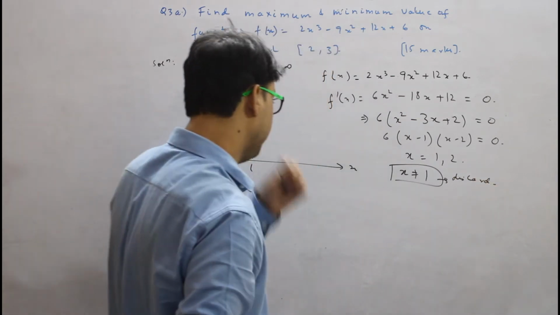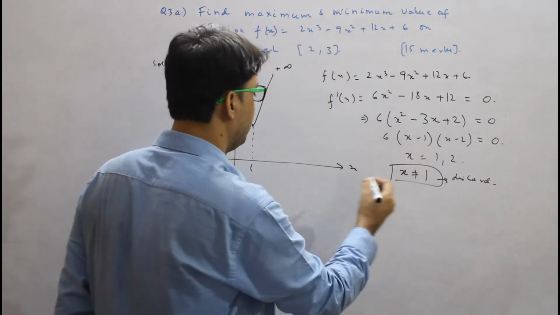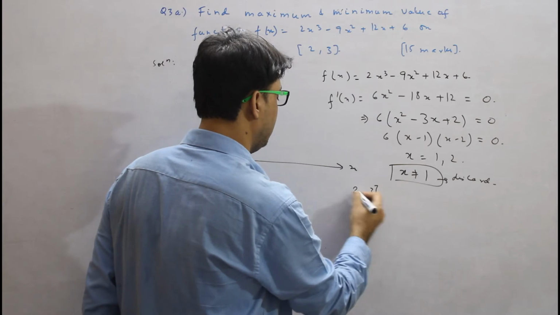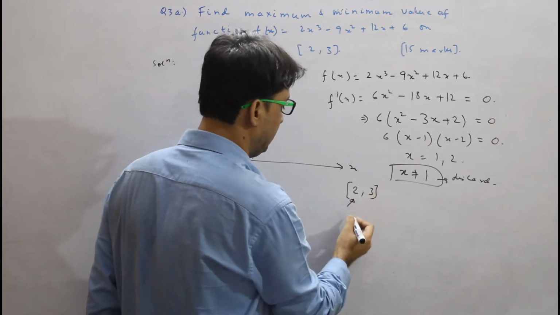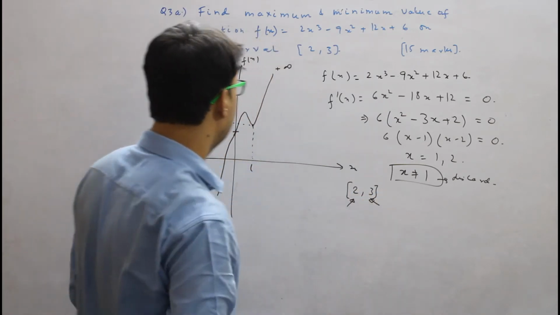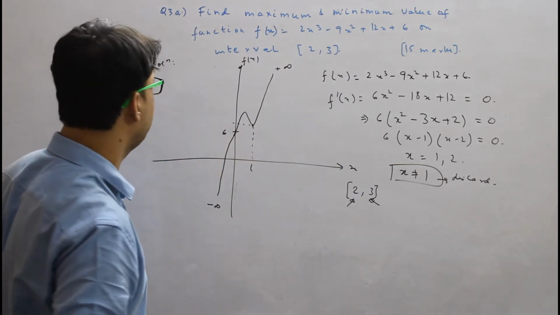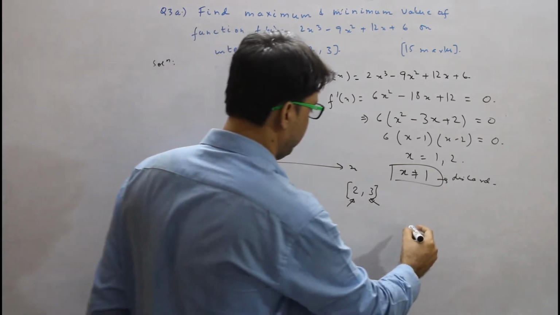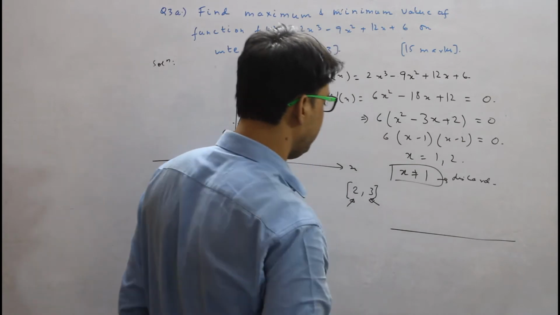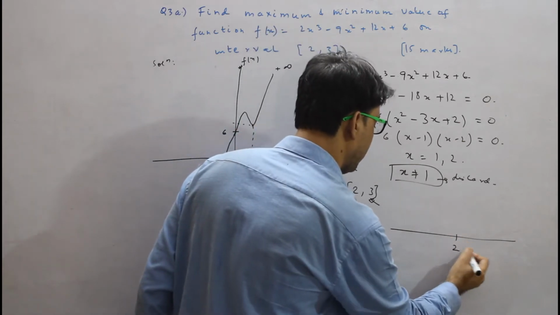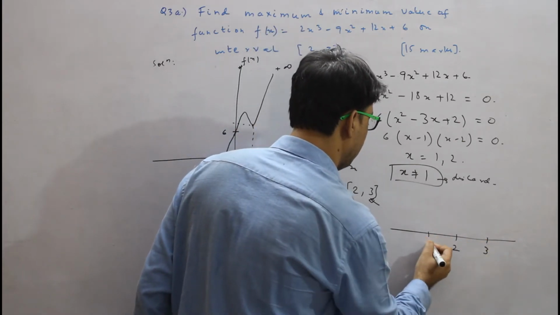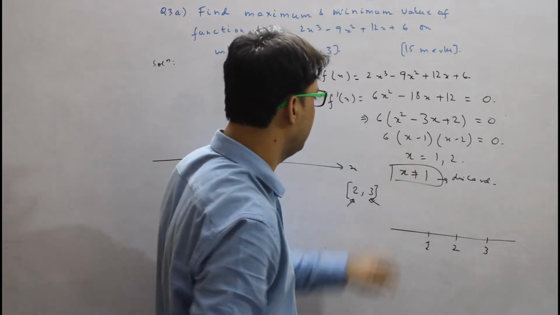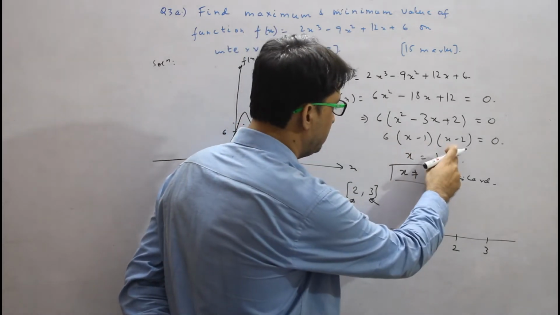So my area of interest is between 2 and 3. So I will check at point 2 and point 3. So this is the graph. Now I am going to plot. I am going to take this as point 2, point 3. You can see over here f dash between 1 and 2.